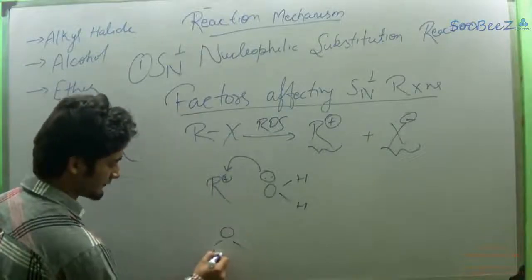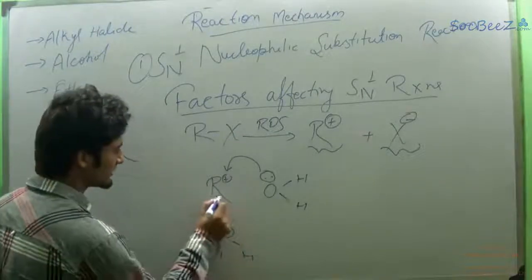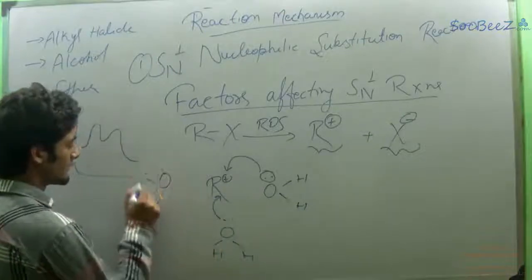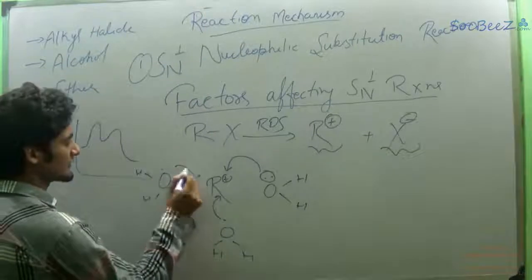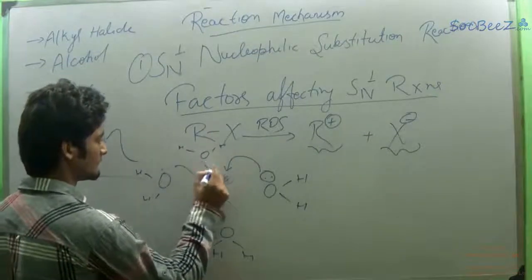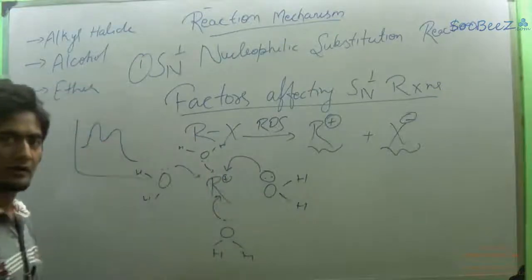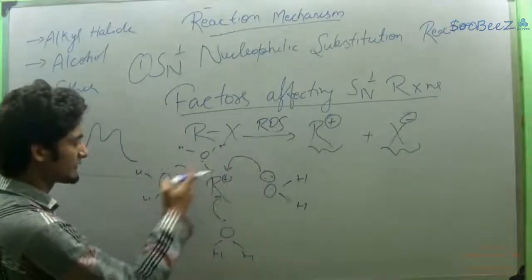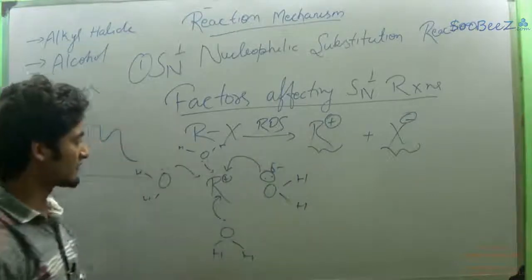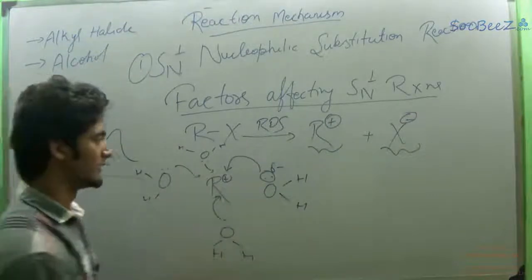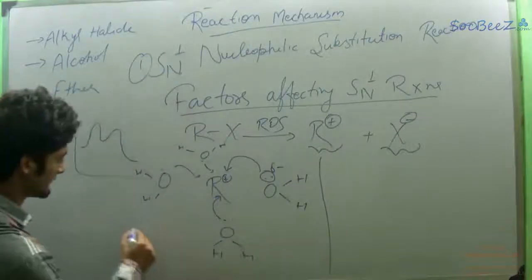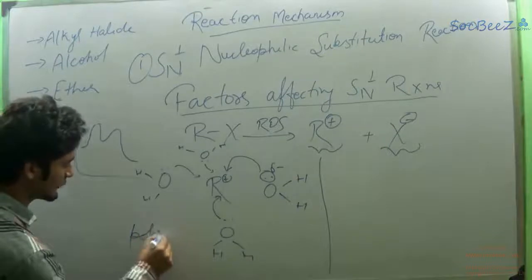So these water molecules will form a shell around R plus, making it stable. Hence, this polarity, this delta negative charge, is used to stabilize this carbocation. This is the part where polar comes into the picture.